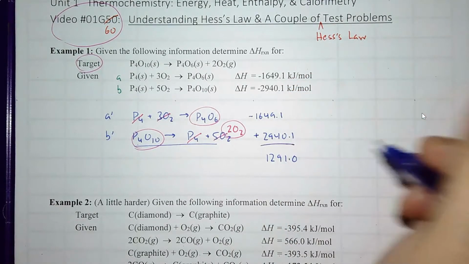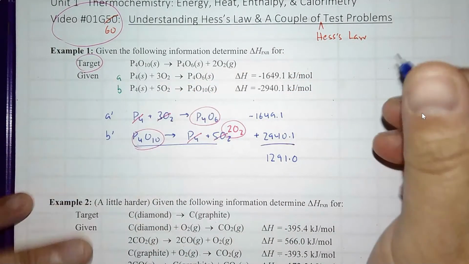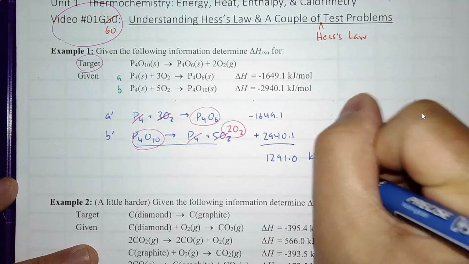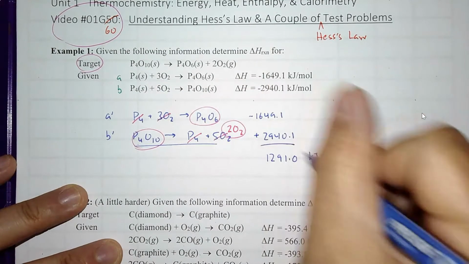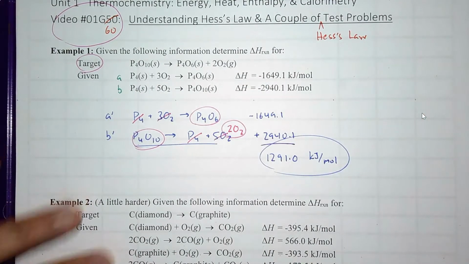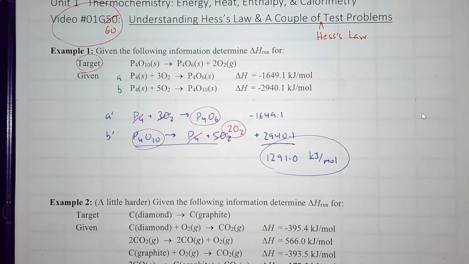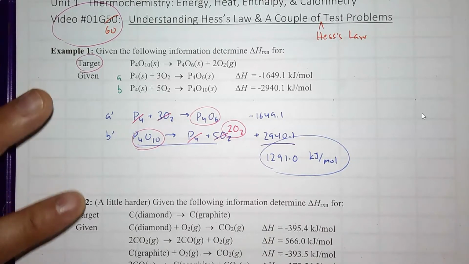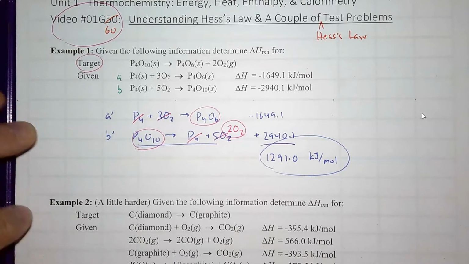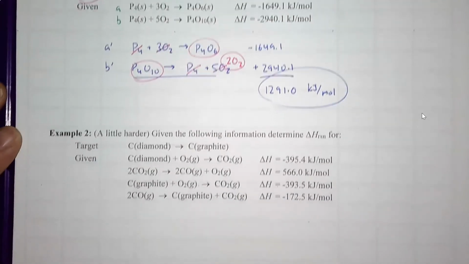Let's go ahead and put 0 for 5 significant figures. Make sure for the grader you have the units. Yeah, kilojoules per mole, and make sure you circle your answer. Yes, this was pretty fast. I could have done this on the previous video, I now realize, but not example 2.